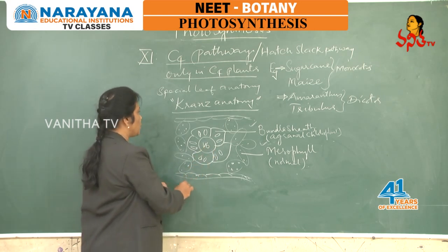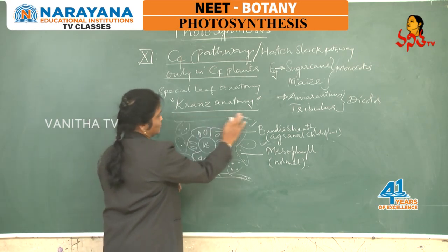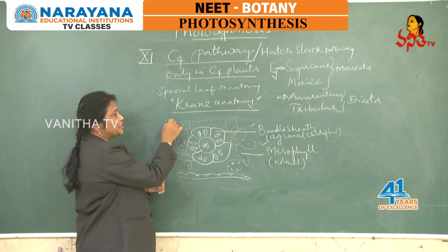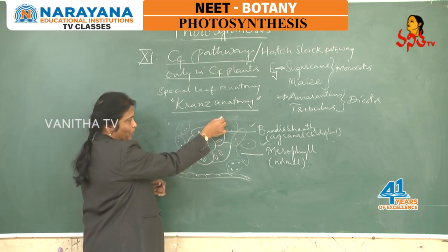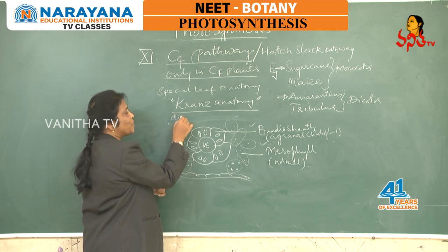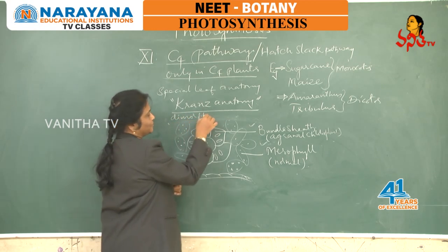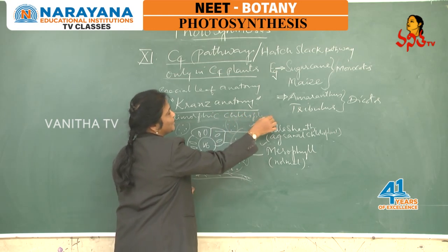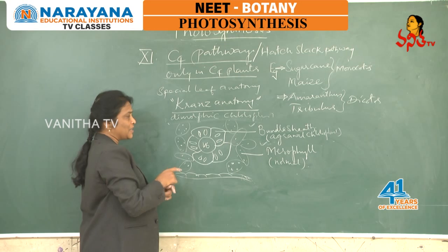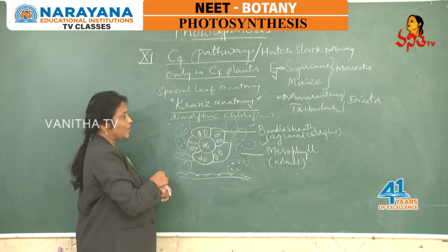So can we say chloroplast dimorphism for this? The plants that show the C4 pathway show Kranz anatomy, and they have dimorphic chloroplasts, and both bundle sheath and mesophyll cells with chloroplasts are involved in the dark phase mechanism.